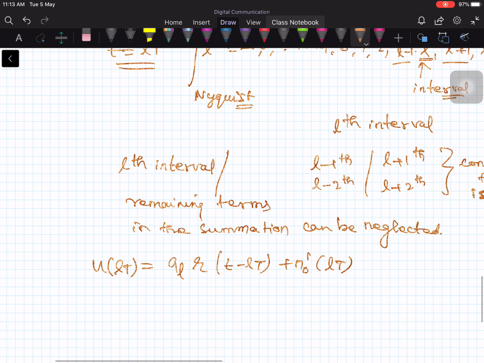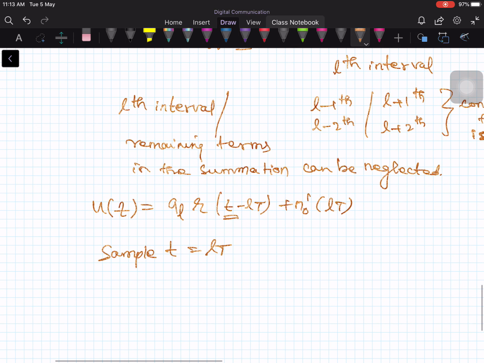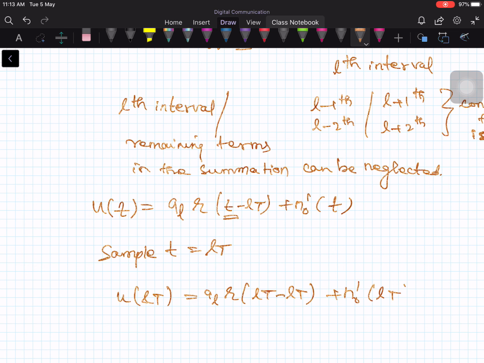At t equal to LT, when I sample this output U of t, U of LT is equal to AL times R of LT minus LT, I'm sorry, R of 0, plus n0 prime of LT.